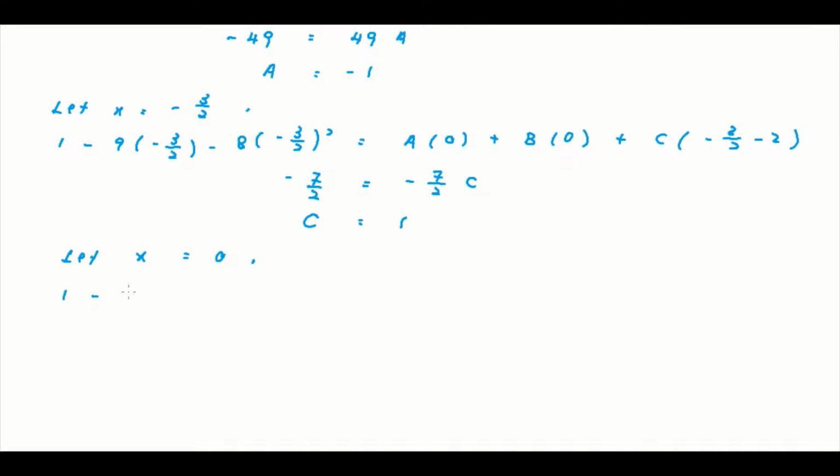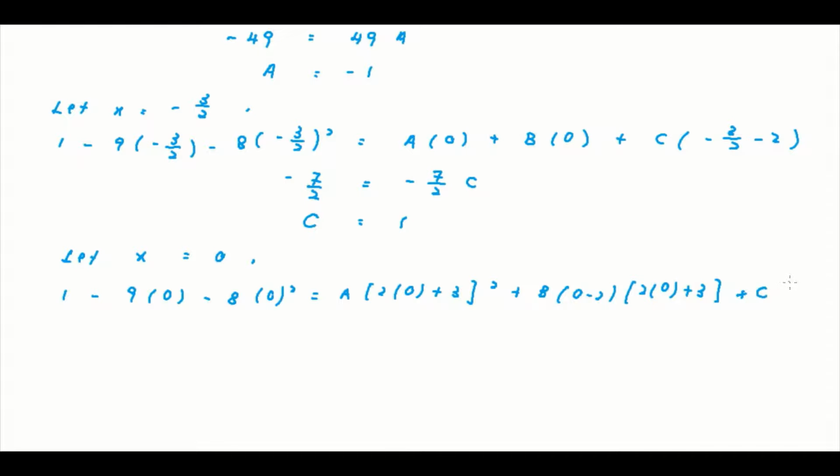So 1 minus 9 times 0 minus 8 times 0 squared equals A times (2 times 0 plus 3) squared, plus B times (0 minus 2)(2 times 0 plus 3), plus C times (0 minus 2) as well.